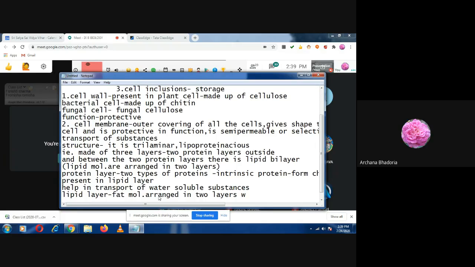With their head facing towards the protein layer.